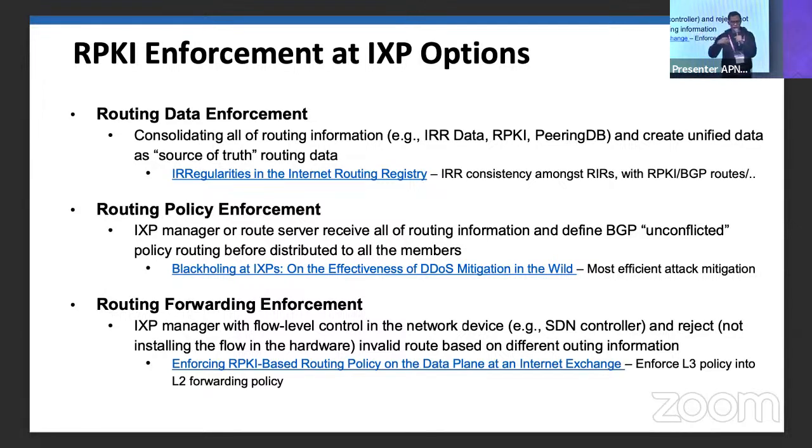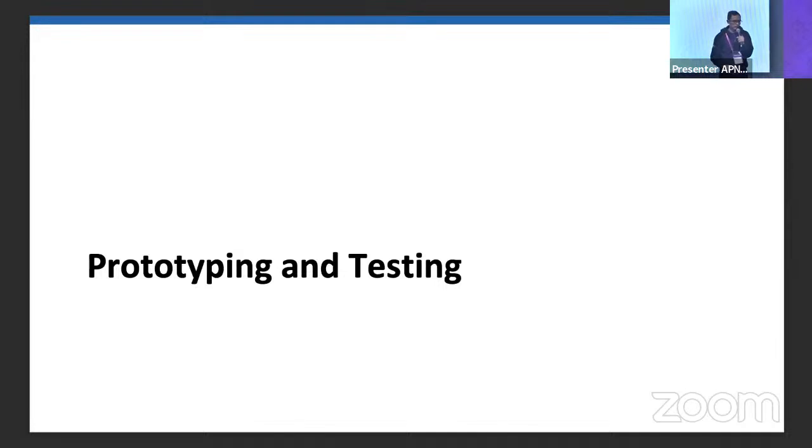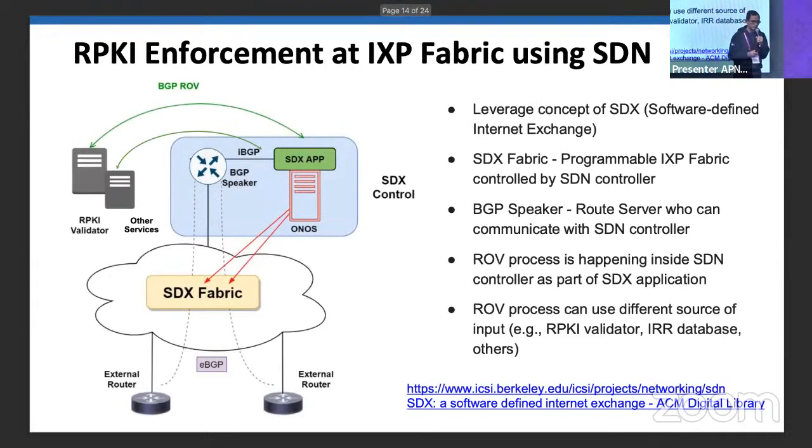It can be IXP managers or, with some additional SDN controller, to install or decide what you want to do with the packets, whether you want to reject in the hardware level. So this is an option that we can use.